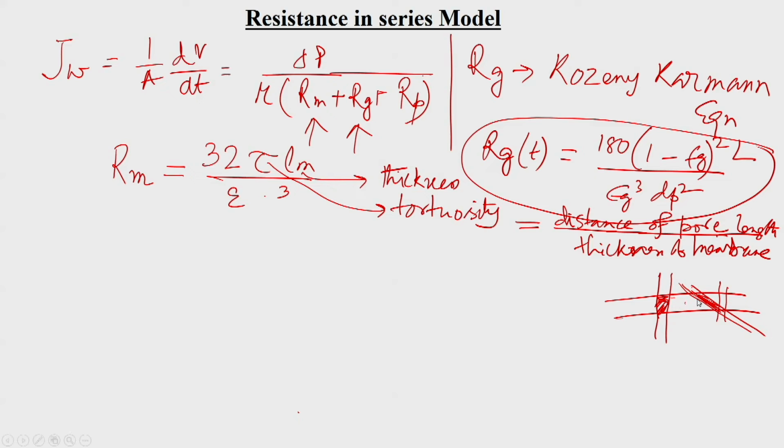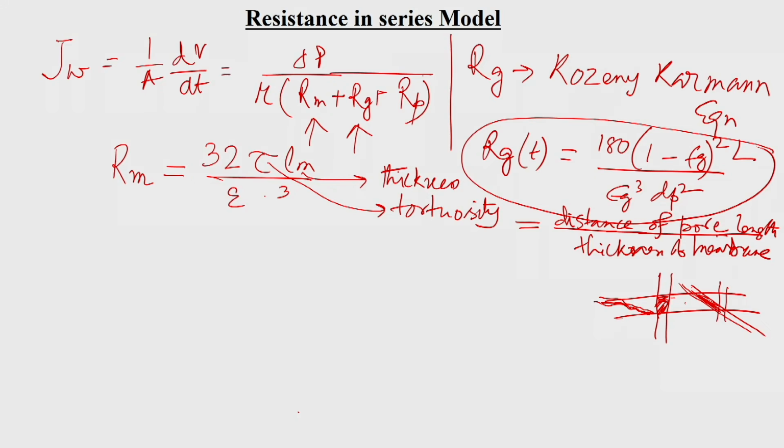That is why in most membrane applications the tortuosity values are always greater than 1, and can go up to 3.5, if it is a highly zigzag route like this. Then the tortuosity value will be very high.